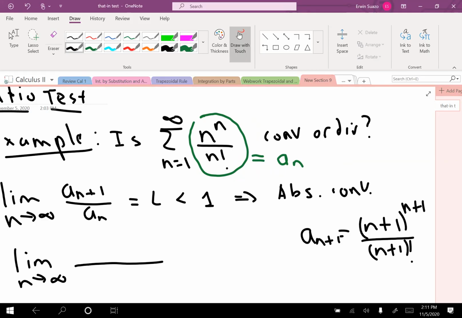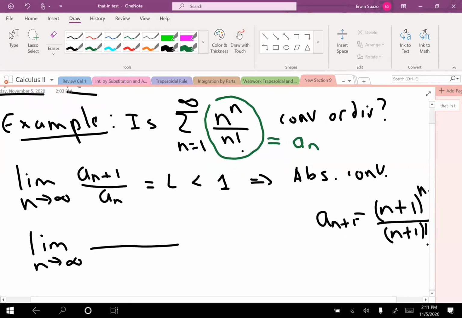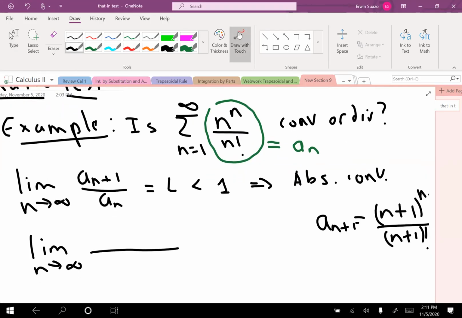So then we plug that in over here: n plus 1 to the n plus 1 divided by n plus 1 factorial. And then a_n is n to the n over n factorial.